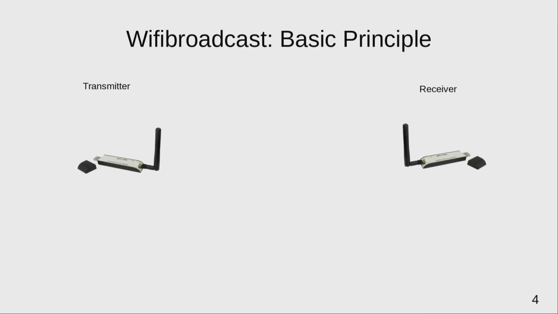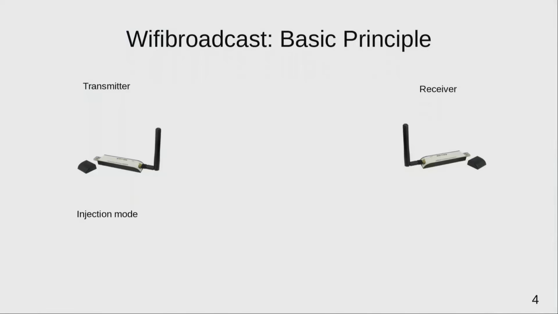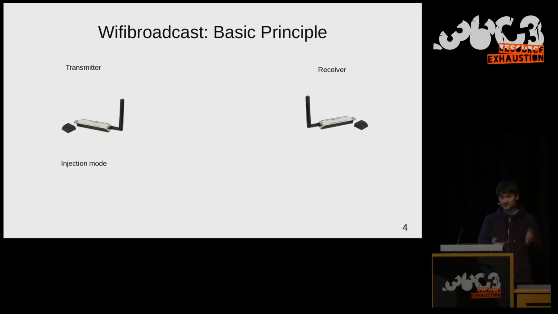And from this mode name, you can already infer that it's a truly unidirectional data flow from transmitter to receiver. And these devices work in injection mode, in the transmitter case. So basically, you can send with that mode arbitrarily shaped packets into the air without any association.